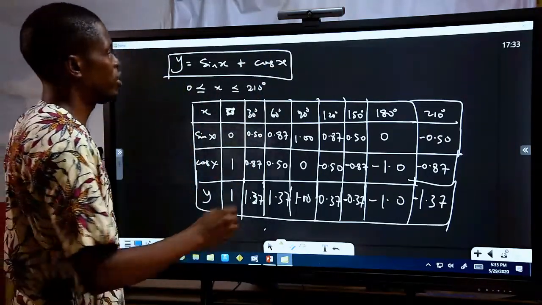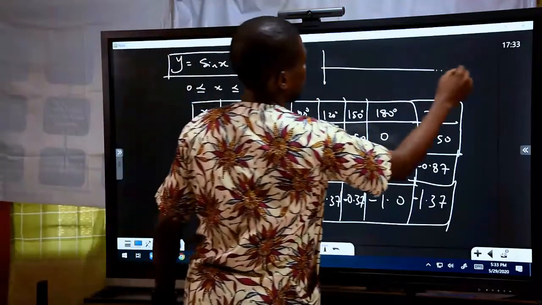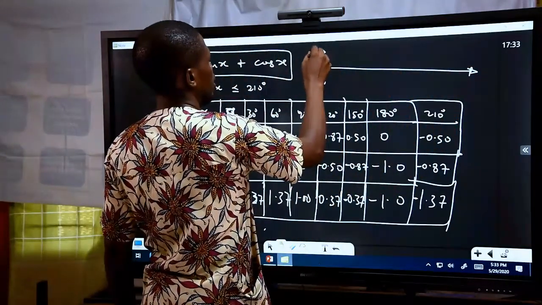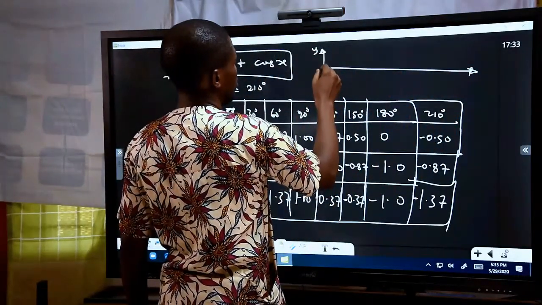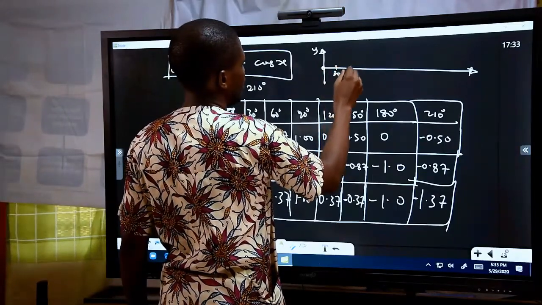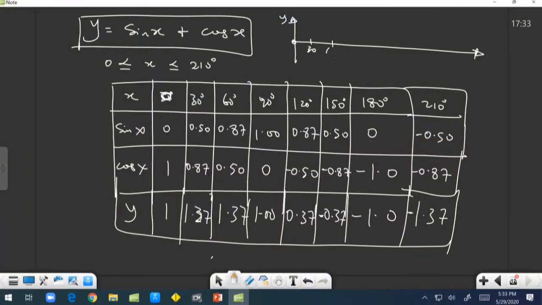So when we sketch or draw the graph, let me just do a sketch here. We have y against x, with 0, 30, 60, 90, 120, 150, 180, 210.